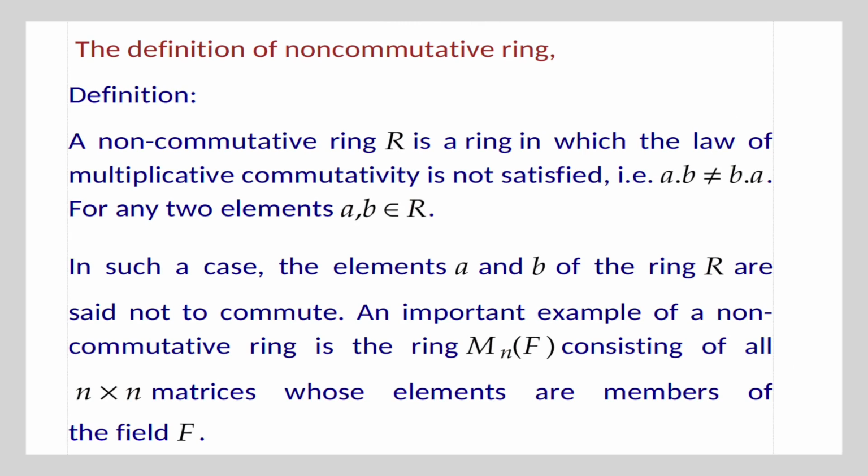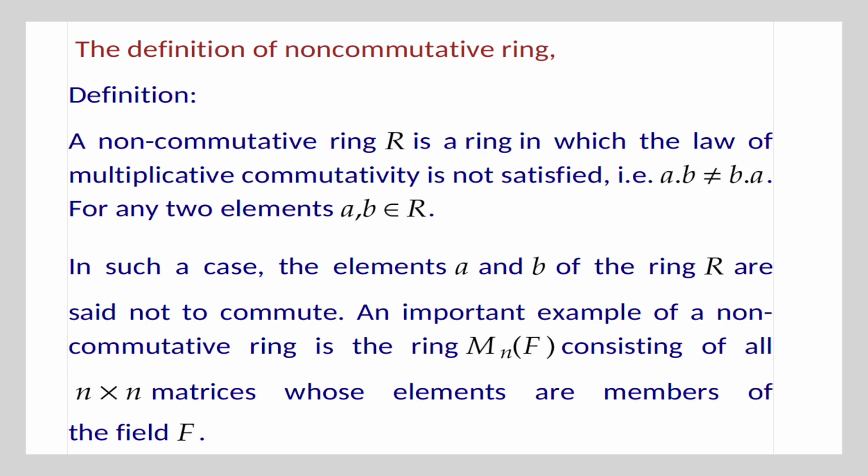A non-commutative ring R is a ring in which the law of multiplicative commutativity is not satisfied. That is, a·b is not equal to b·a for some a and b in R. In such a case, the elements a and b of the ring R are said not to commute.